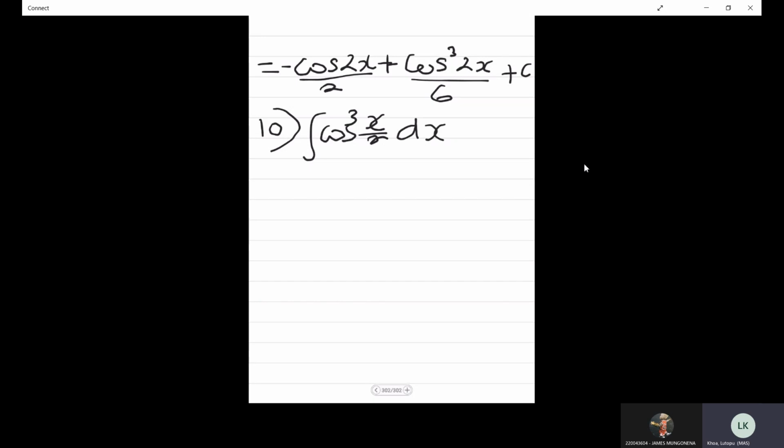And we said that when we have cos or sine to the power of 3, usually you want to break it down with cos squared and then times cos, and then the cos squared you want to rewrite in terms of sine squared so that you can use the substitution method to work that out. That's number 10.